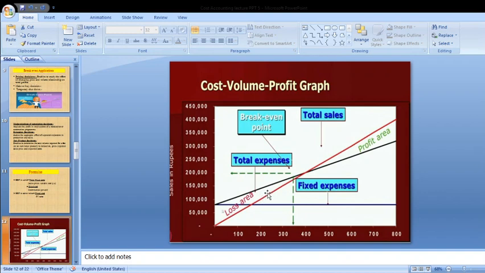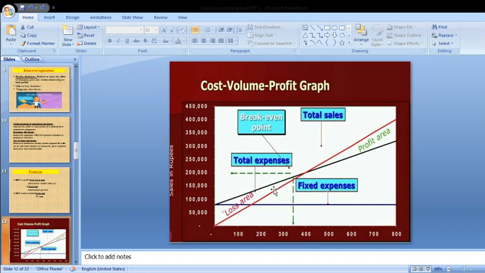Maximum loss is equal to fixed cost at 0 point, because fixed costs are the cost which we incur irrespective of sales. So at 0 you have incurred all your fixed cost, the revenue is 0. So fixed cost is the maximum loss.